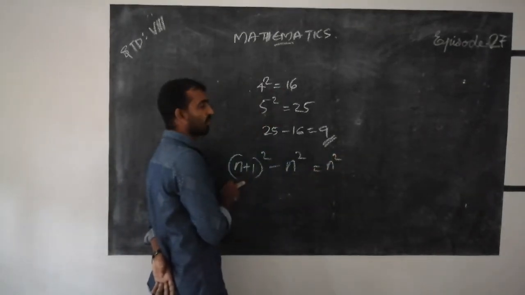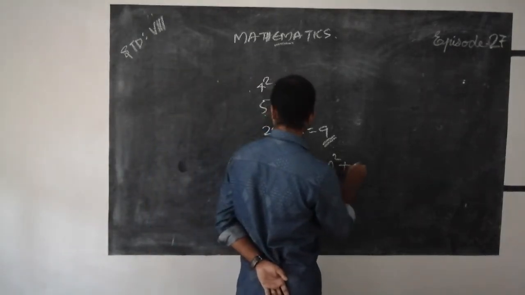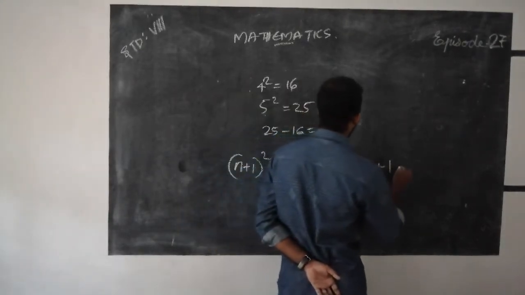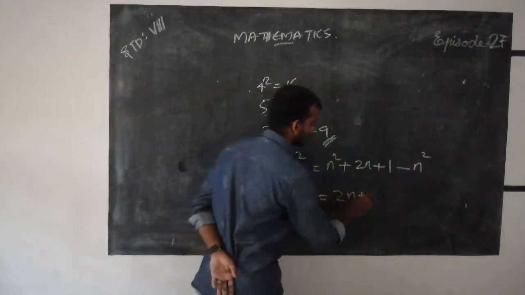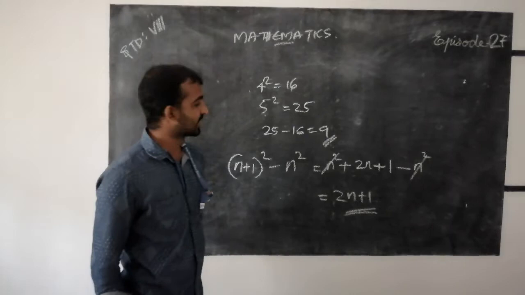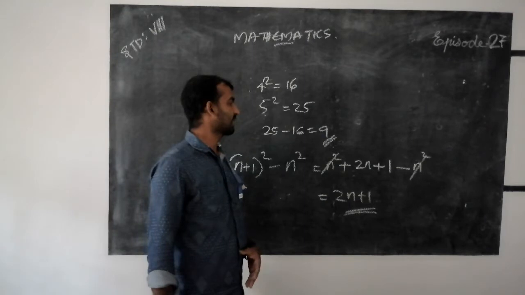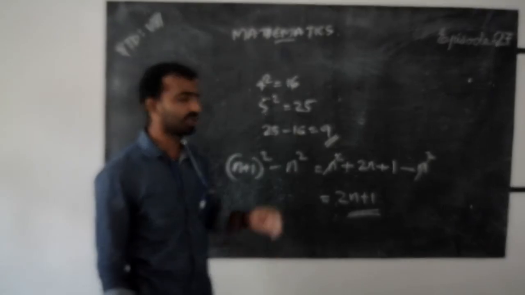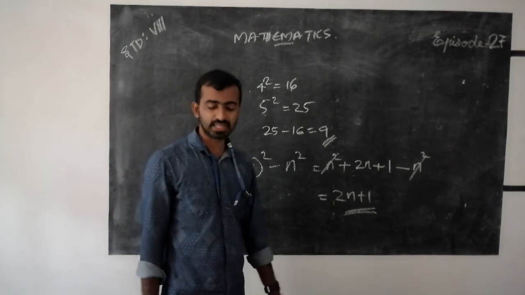This is (a plus b) whole square, that is a square plus 2ab plus b square, and it is 2n plus 1. 2n plus 1 means, we take n as 4, that is 2 into 4 we get 8, 8 plus 1 that is 9. The answer is 9.